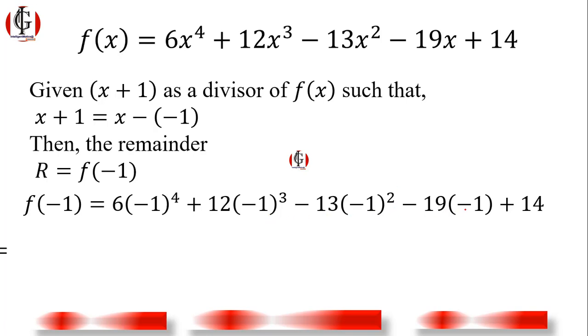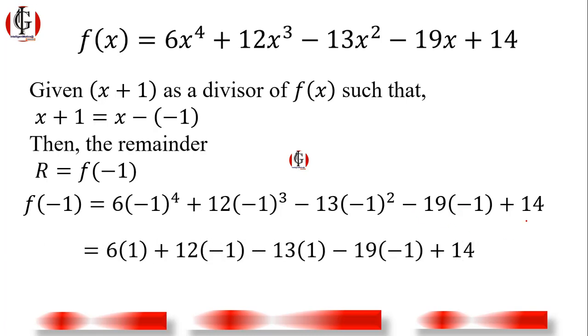So we have 6 plus 12 into minus 1 minus 13 into 1 minus 19 into minus 1, then plus 14. We simplify and open the brackets. We have 6 minus 12 minus 13 plus 19 plus 14.